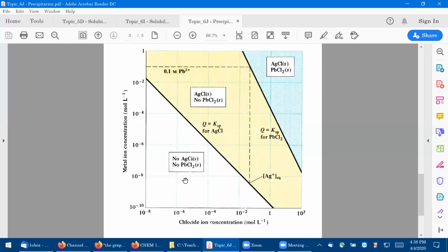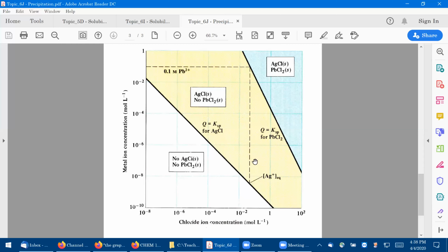So the upshot of all of this is that if I have a solution of chlorides that contain lead and silver ions, I can separate the two by adding some more chloride that will cause, if I'm somewhere in this region, the silver chloride to precipitate but leave the lead chloride in solution.